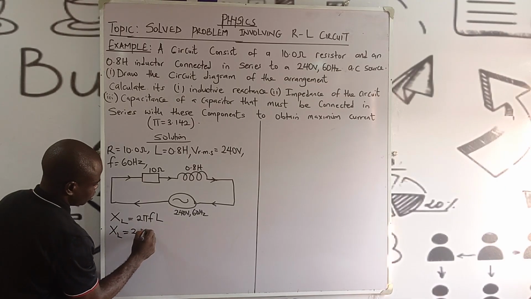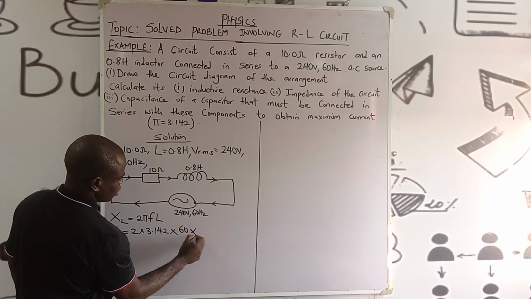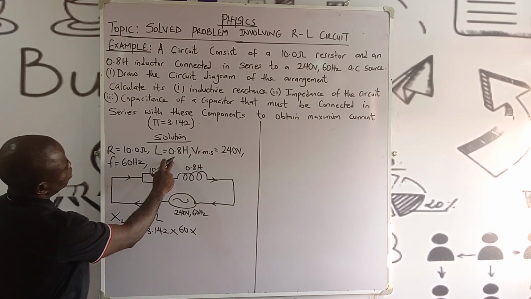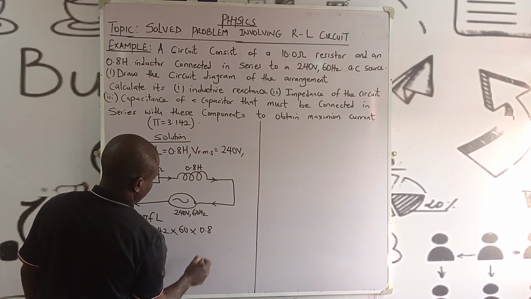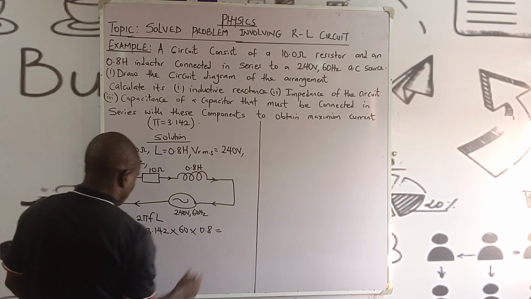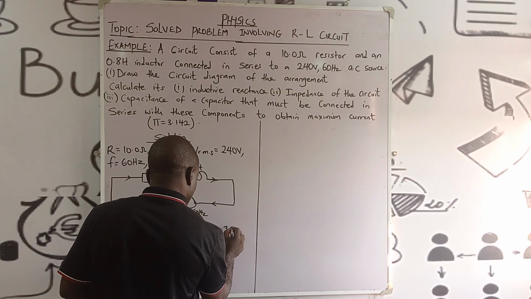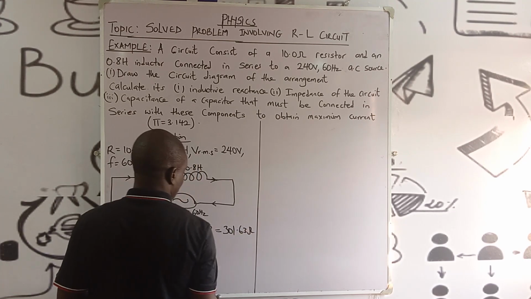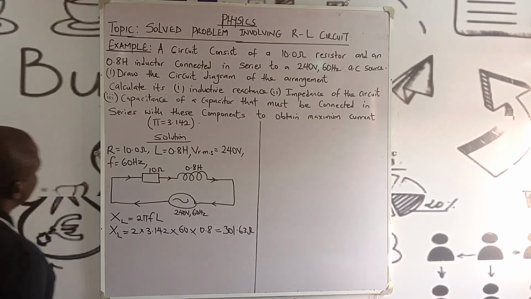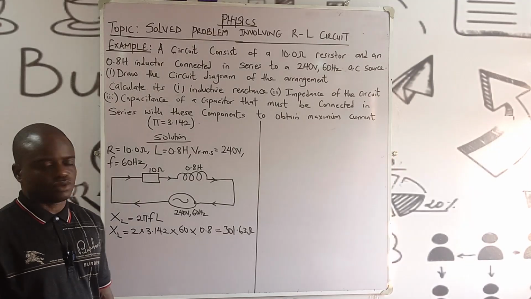XL equals 2 times 3.142 times the frequency 60 times the inductance 0.8. When you do your multiplication, you have 301.63 ohms.